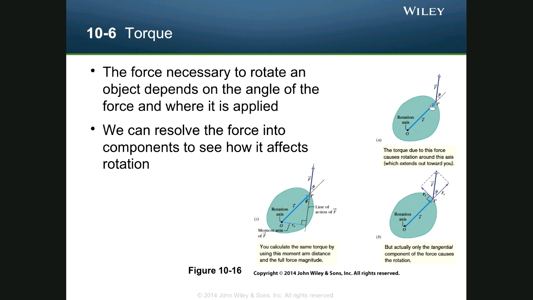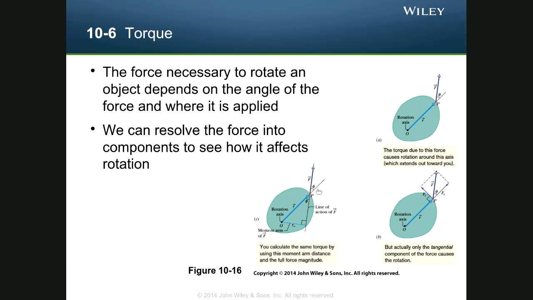All right, so you see how this force acts at this angle phi with respect to this rotational axis. This isn't the line of action, but this is an extension of the rotation axis.